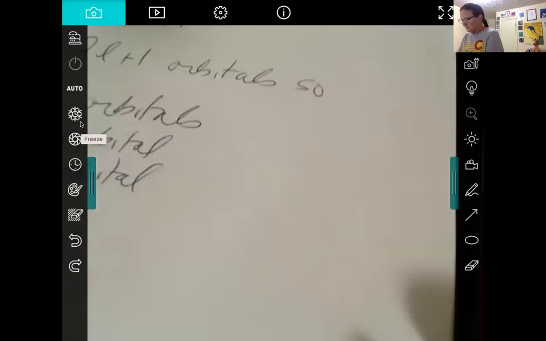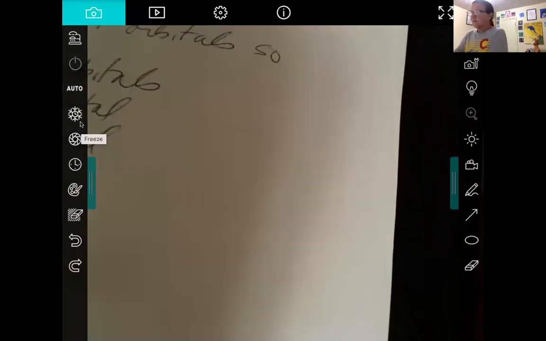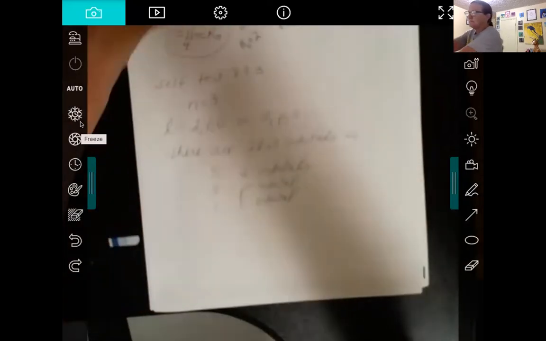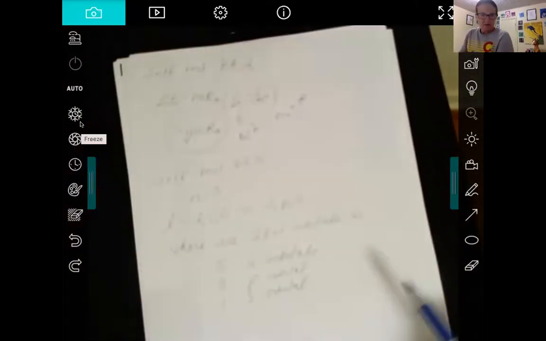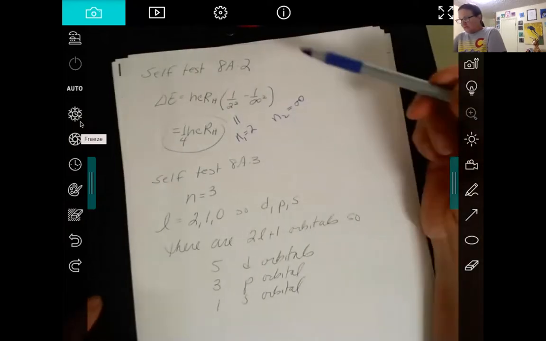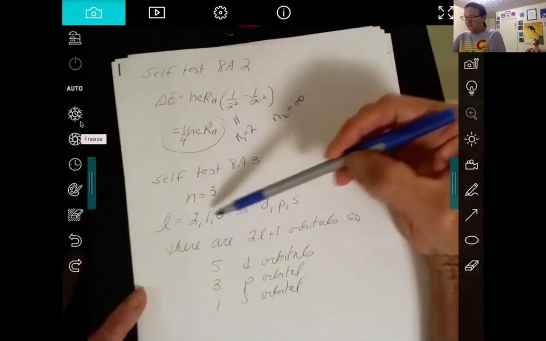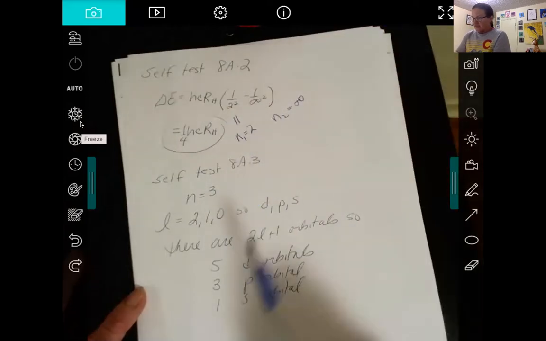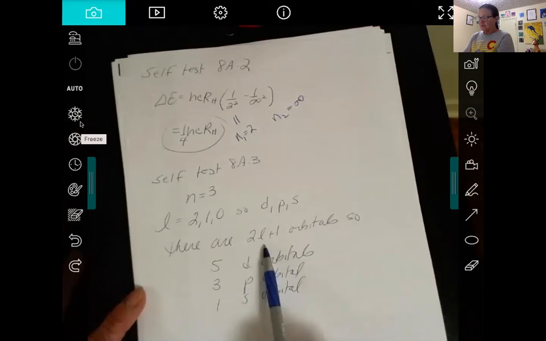So before you look at the answer, if n equals 3, then L can be anything from n minus 1 to 0. So we have a 2, 1, and a 0. And because how many of the m sub L's you have depends on L, it's 2L plus 1, because it's the negatives and the positives plus 0.